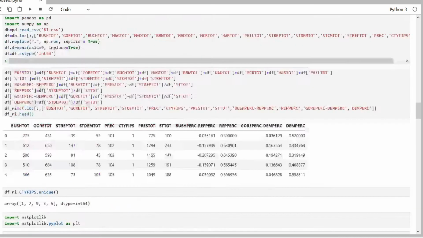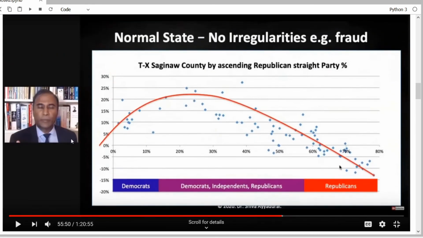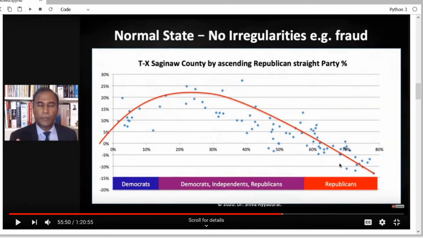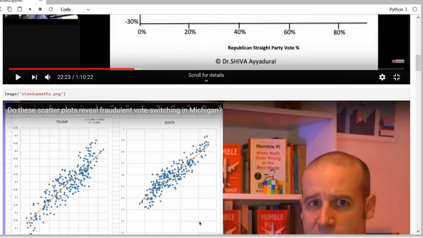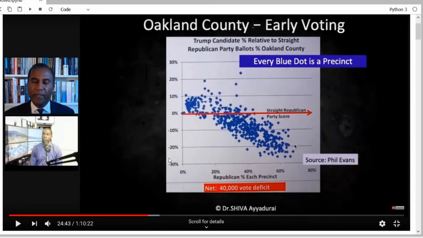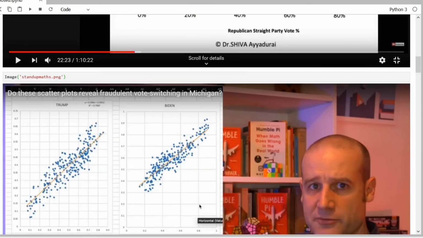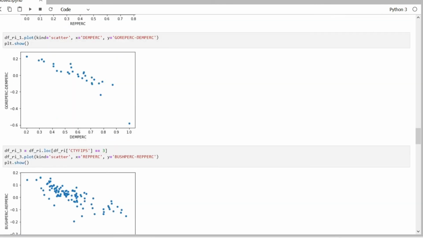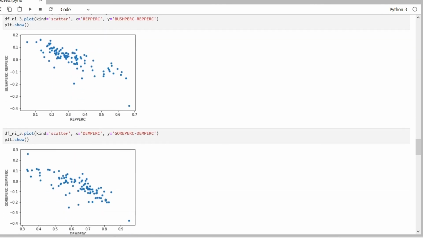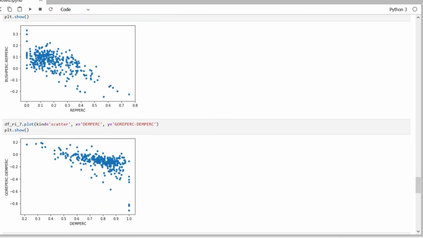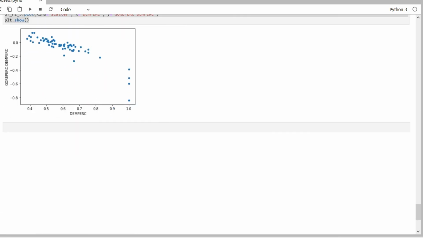If we had one counterexample to this graph that Dr. Shiva presented as what's supposed to be the normal case, we could say, okay, well, what we saw in Michigan is not necessarily fraud, because that has happened before. But we didn't just see one counterexample. All of these are counterexamples, all 5 of them.